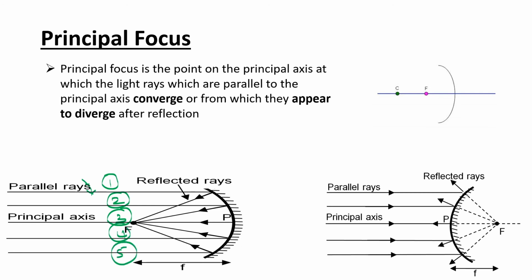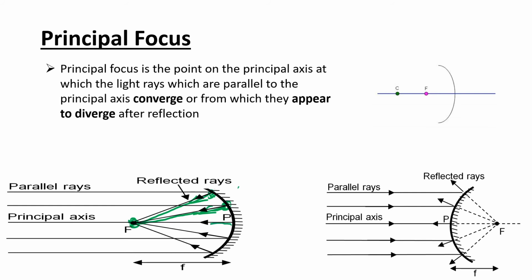Ray 1 strikes the mirror at this point and it is reflected in this way. Ray 2 strikes at this point and it is reflected like this. You can see it is meeting at the focus.